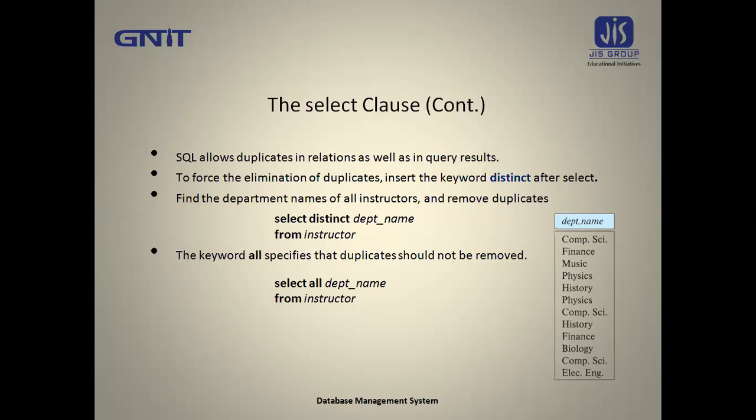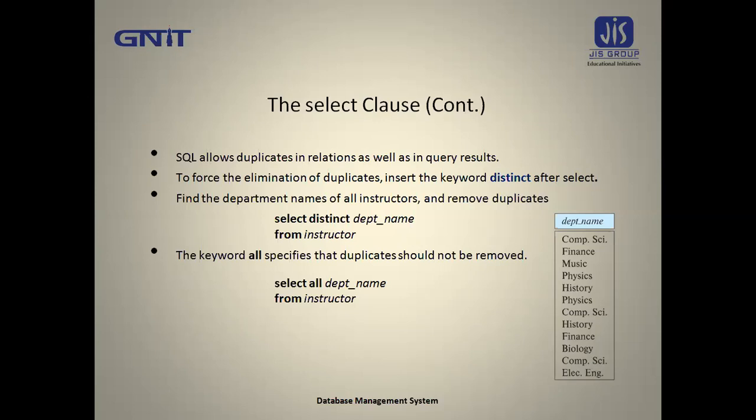Now, if you want to remove the duplicates, that is, I only want to see what are the departments available in this college, then I will use the distinct keyword. So to remove the duplicates, we can use the distinct keyword.